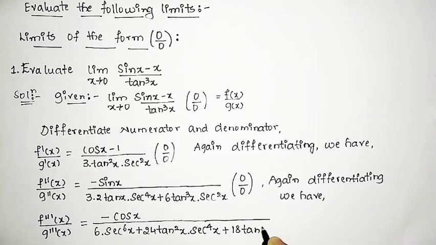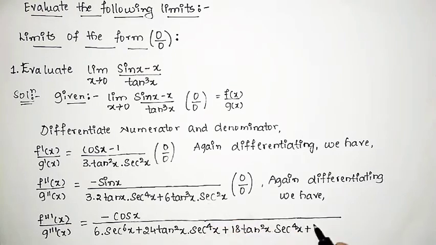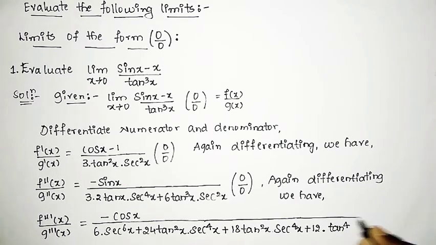Again differentiation of tan x is sec square x, so sec square x into sec square x will be sec raised to 4x. So again plus, 12 into tan raised to 4x into sec square x.